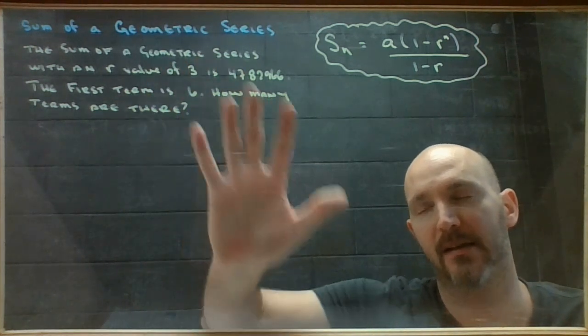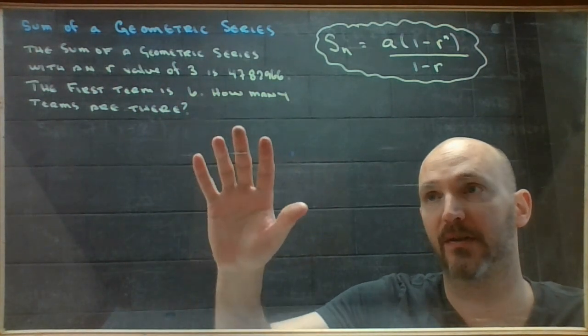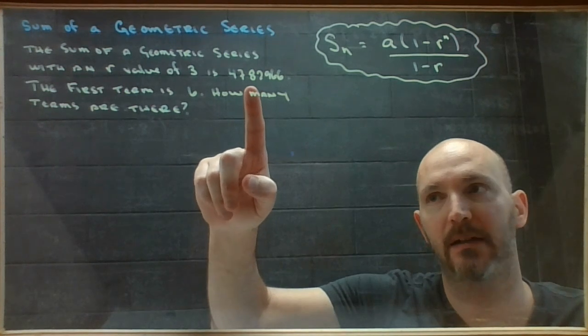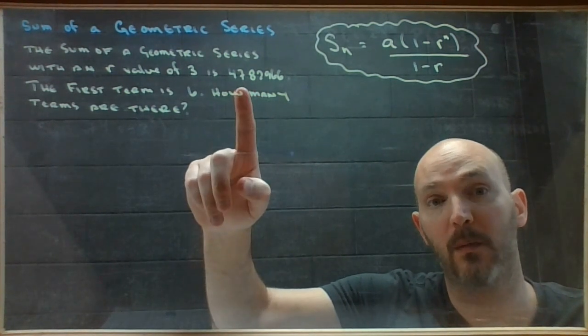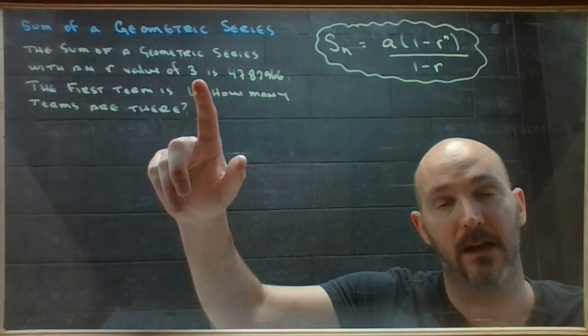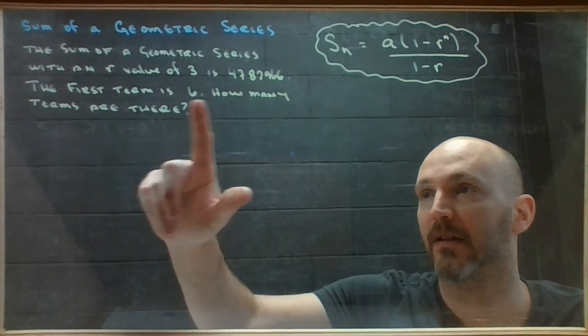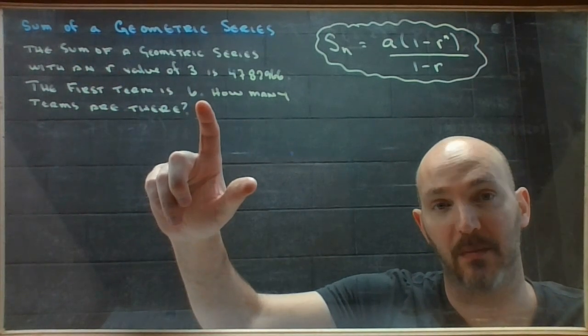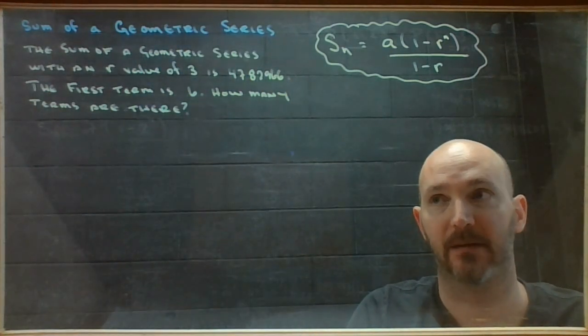But this question is sort of the structural equivalent to saying you want to buy a $4.8 million home. The interest is 300%. You're making $6 payments. How many payments are you going to have to make?